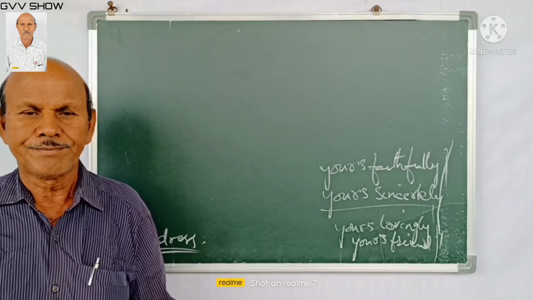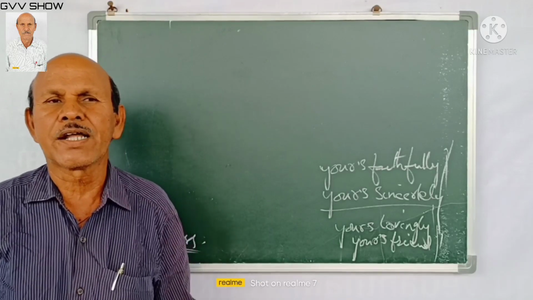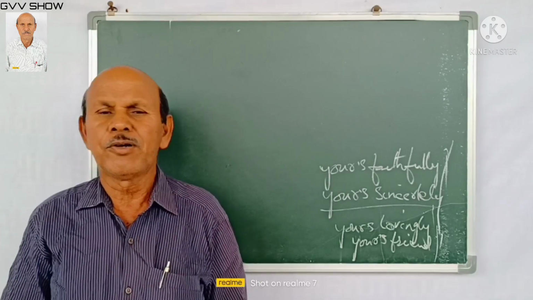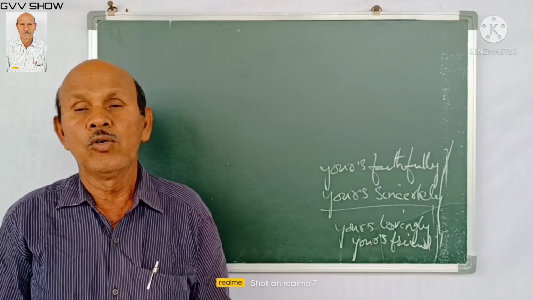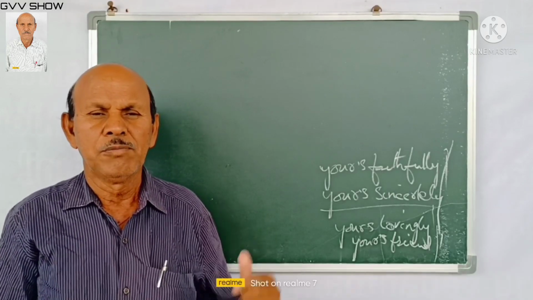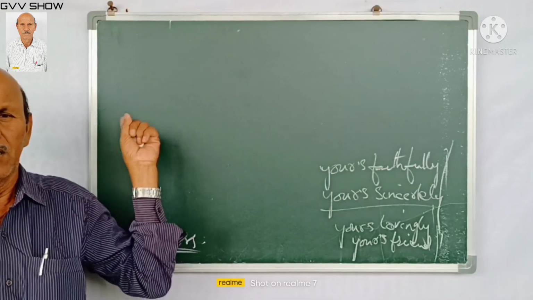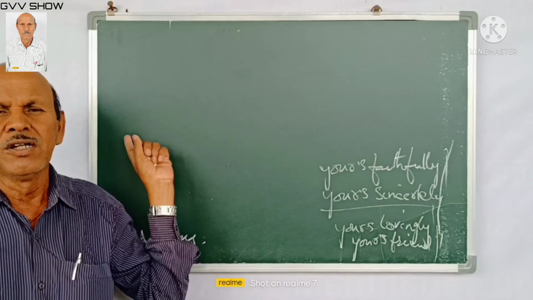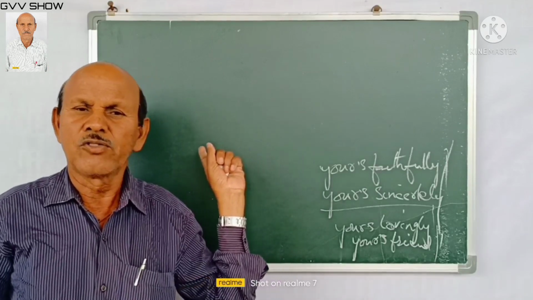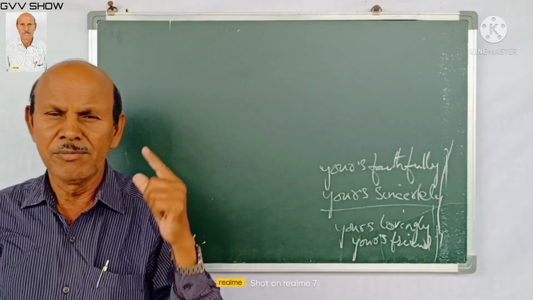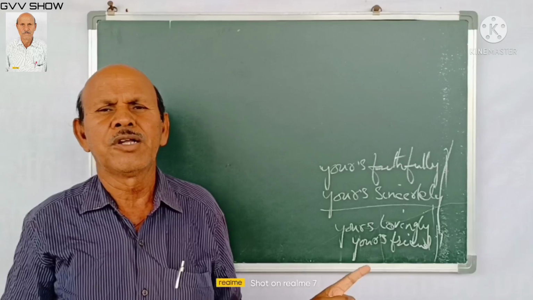So today I discussed letter writing. What is a letter? How many parts are there in letter writing? Place and date go at the top right, and the salutation from the margin below the place and date. Number three, the body of the letter, in the middle. There is no limit for the body of the letter.